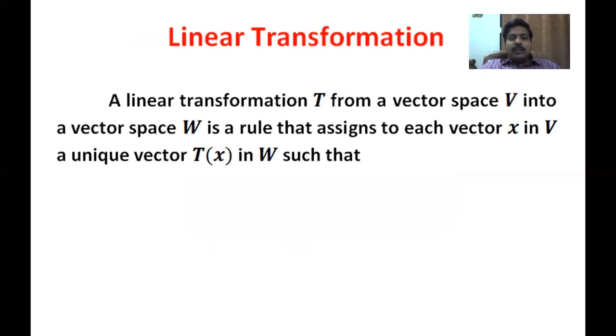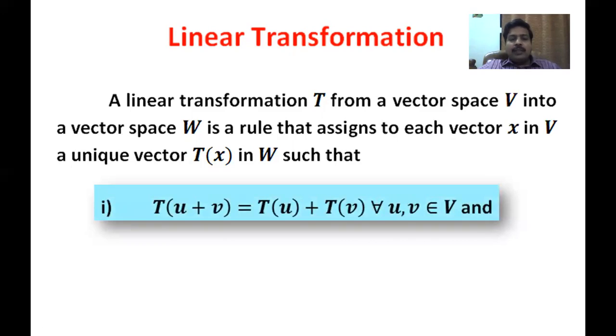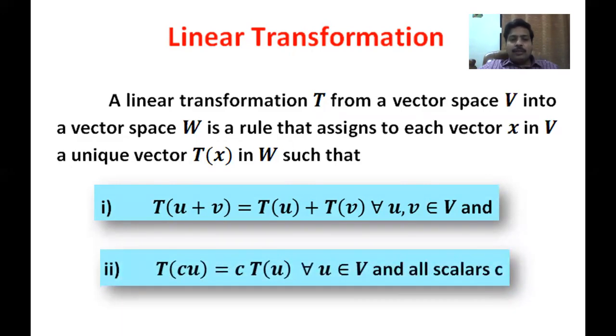A linear transformation T from a vector space V into a vector space W is a rule that assigns to each vector x in V a unique vector T of x in W such that the first rule is T of (u plus v) is equal to T of u plus T of v for all u, v belonging to V, and T of cu is equal to c times T of u for all u belonging to V and all scalars c.